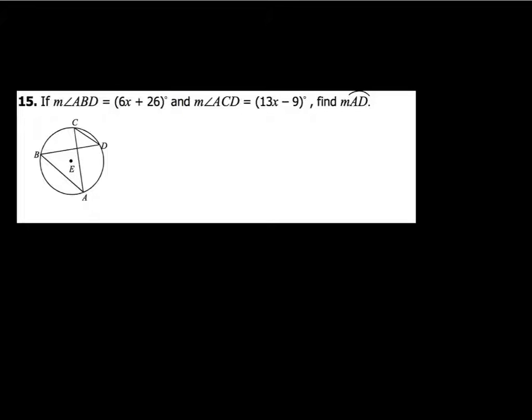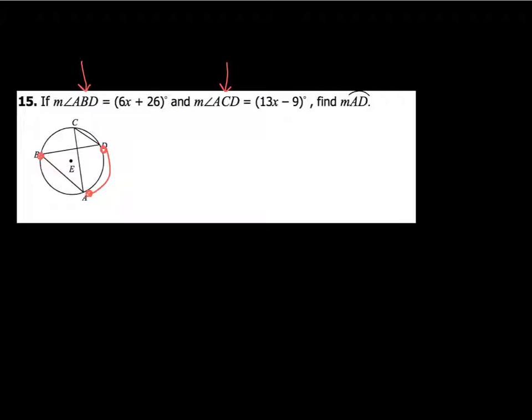The next one, I read the directions to see what they are asking me to find, and they want the measure of arc AD. So let me figure out where arc AD is. Here is arc AD. What information are they giving me? They're giving me information about angle ABD, concentrate on the middle letter, and angle ACD, concentrate on the middle letter.